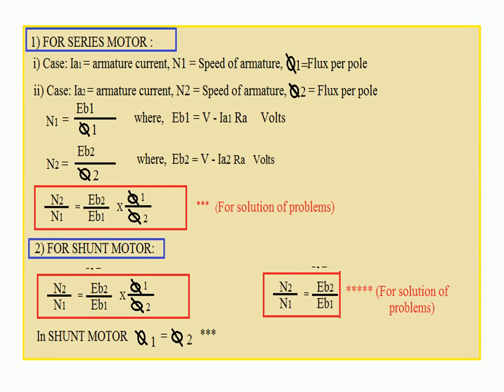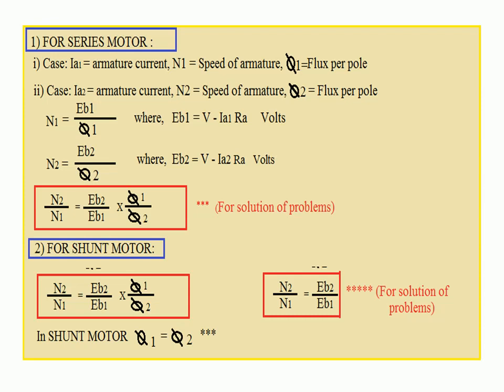Similarly we can obtain the expression for N2, the speed of the motor, as Eb2, the second case back EMF, divided by phi2, the second case flux. Similarly we estimate back EMF Eb2 for the second case current, Ia2. The same expression you have to develop for the two cases, case 1 and case 2.